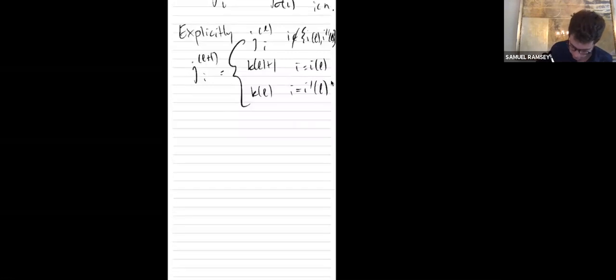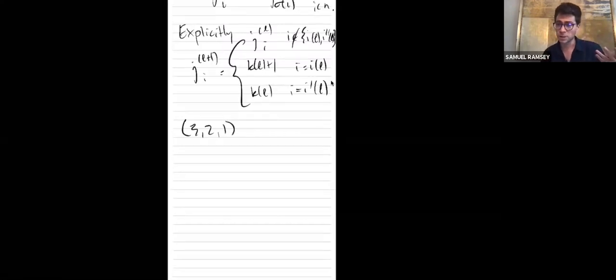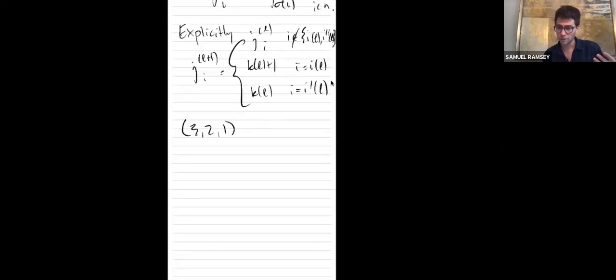So let's look at the following example. Suppose I have 3, 2, 1. What's the first place where a number shows up after that number plus 1? That's 2, right? So here I see that 2 shows up after 3. The number plus 1 shows up before the number.